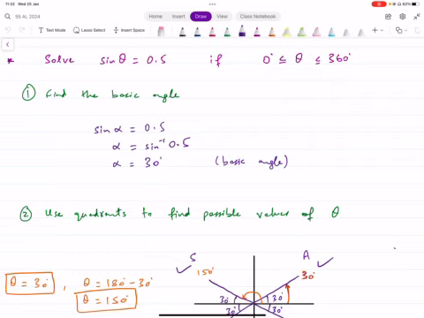There was one standard method for this. We said we'll do two things. We'll find the basic angle, right? Once we have found the basic angle, we use quadrants to figure out what angles are the solutions to that equation, right? That was one method that we did. That works for most equations you will get.